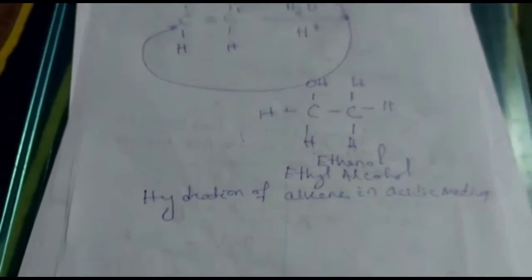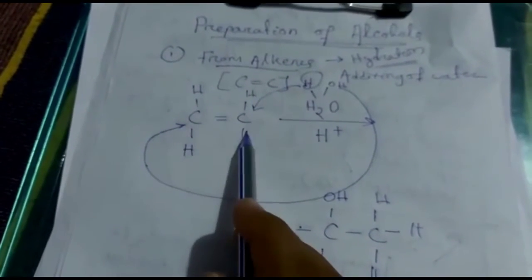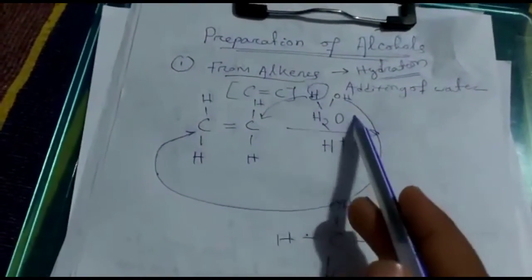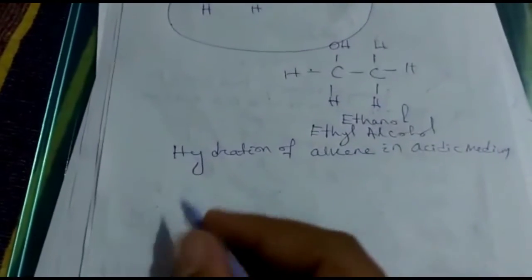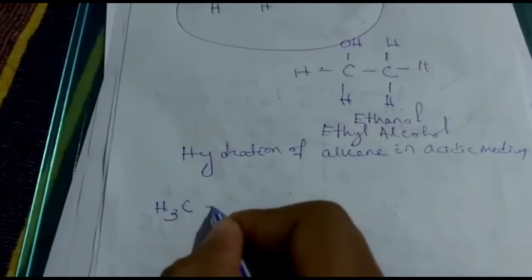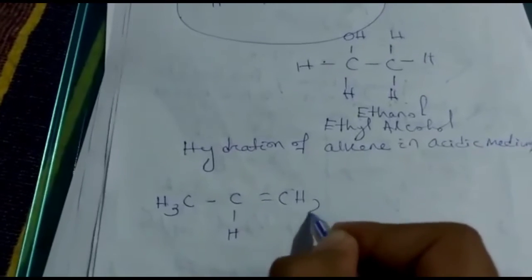This is very easy to add as only two carbons are present. So in one carbon you have to add hydrogen, in another carbon you have to add OH from the water. But if the structure is unsymmetrical, then what do we have to do? Suppose it is H3C, or CH3, CH double bond CH2. This is the compound.